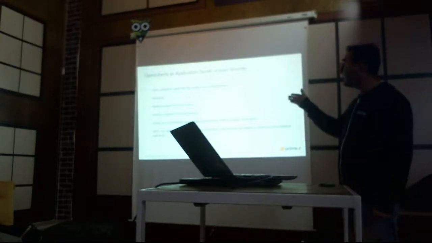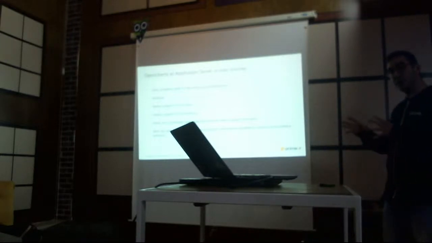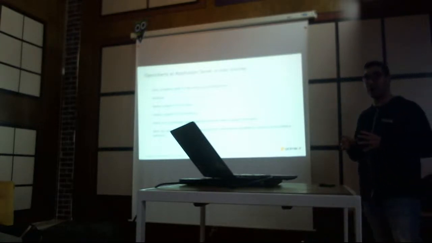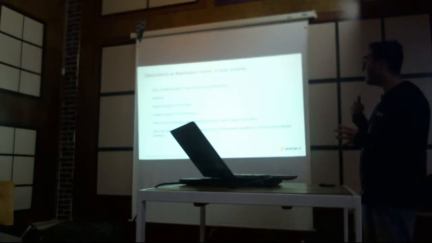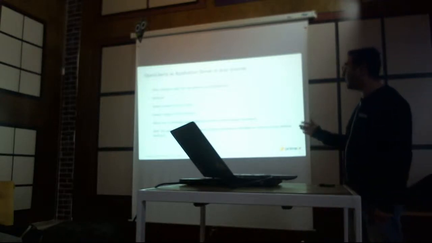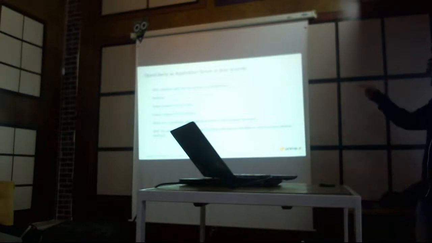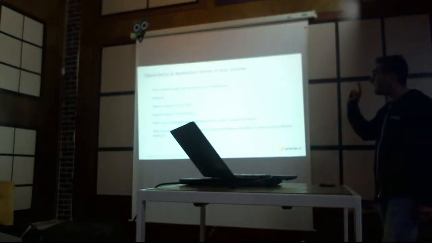So in Liberty, you can declare what we call features and compose your application server with all the features you require. This helps you contain the amount of memory used, the bootstrap time of the application server, and so on. Other cool things are native support for the ELK stack and native support for Prometheus.